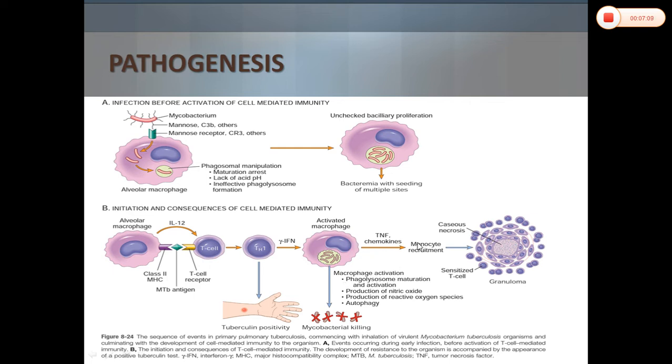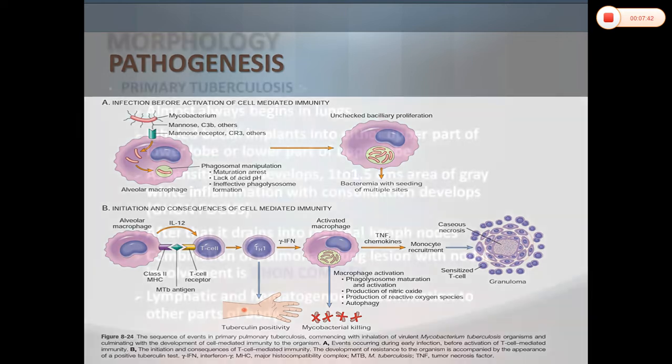With this autophagy, it is seen as central necrosis, which is surrounded by epithelioid histiocytes, and these epithelioid histiocytes are nothing but activated macrophages. The lymphocytes are recruited to this area, and this classical granuloma formation occurs in the case of Mycobacterium tuberculosis. This is the main pathogenesis of Mycobacterium tuberculosis.